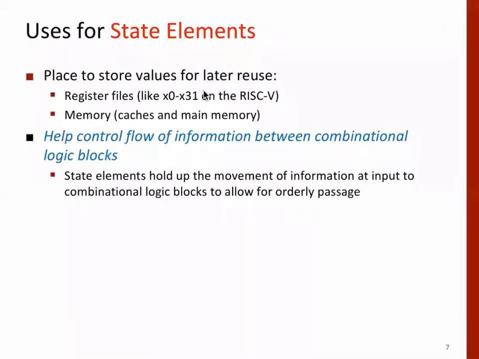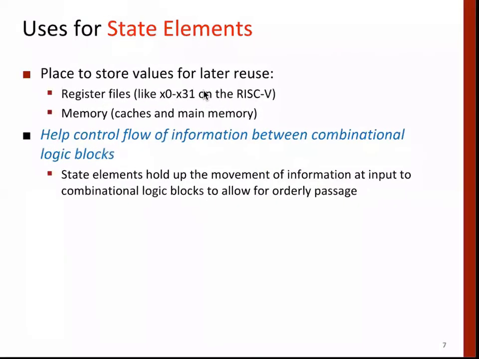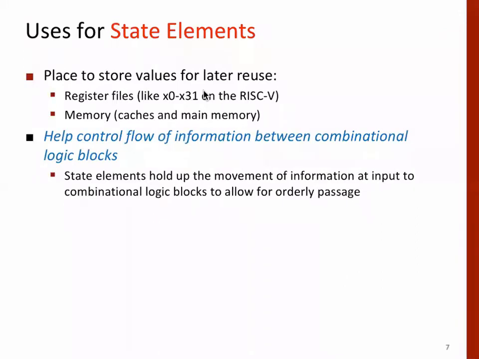So now we are going to use state elements, and before that we'll define what state elements are. State elements for us, which is important, will be used in our processors as registers, and memory, which is also important. We'll study memory hierarchy later, which includes caches, main memory, and secondary memory, and so on.